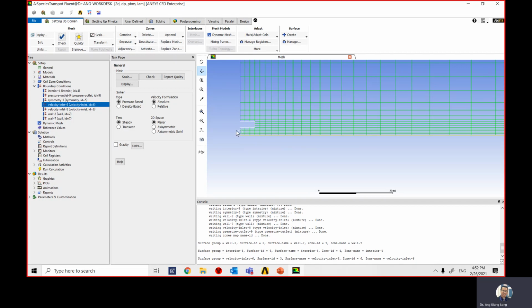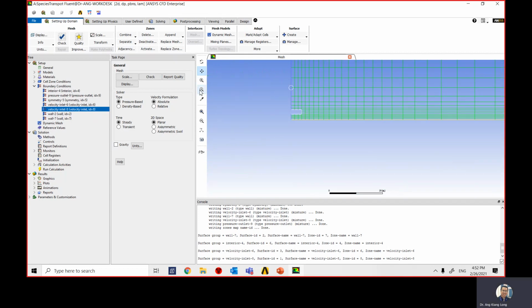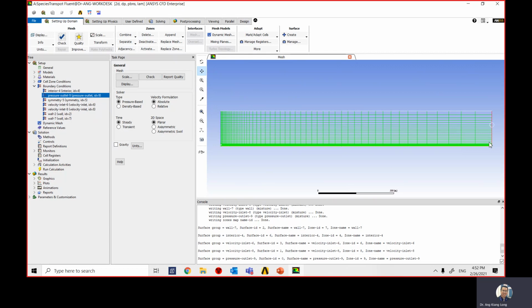ID 6 is for your methane, and if you click this one, you refer to ID number 8, which is your air inlet. If you zoom in, zoom out, and click the red line here, you can tell that zone number 9, or ID 9, is the pressure outlet. These are the few regions that we will go through when we set up the boundary conditions later on. Okay. All right.